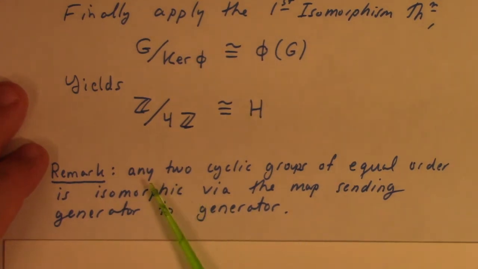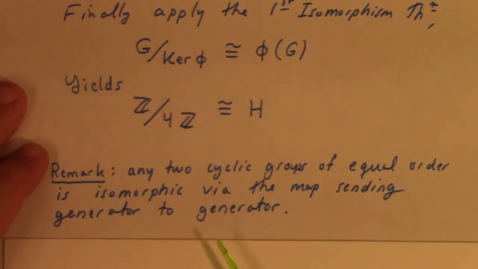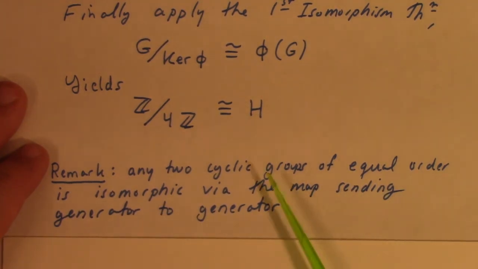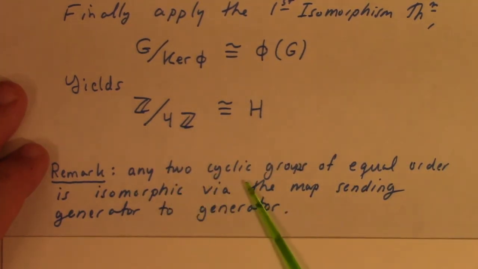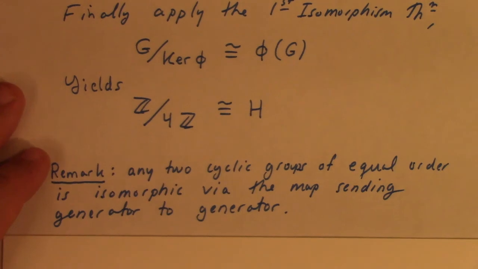I would say any two cyclic groups of equal order are isomorphic via the map sending generator to generator. So to me, that's an easier approach. Just literally send the generator of Z mod 4Z to H, and that would directly be an isomorphism. And this is a more general theorem. Any two cyclic groups of equal order are isomorphic via the map sending generator to generator.